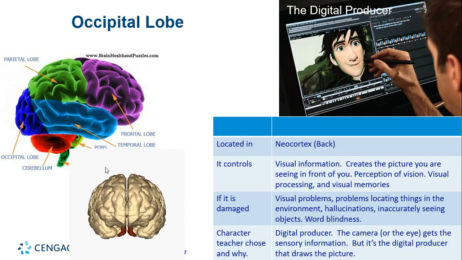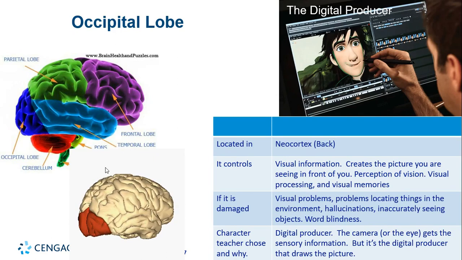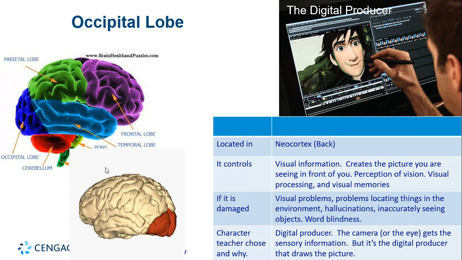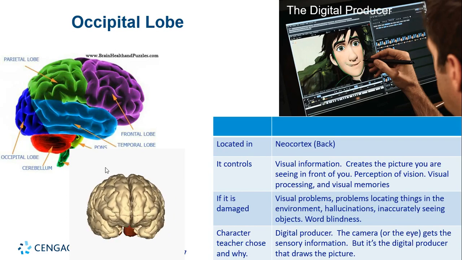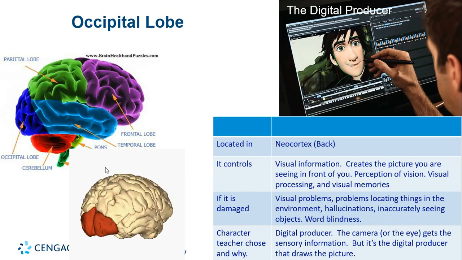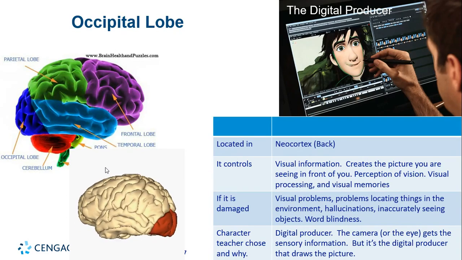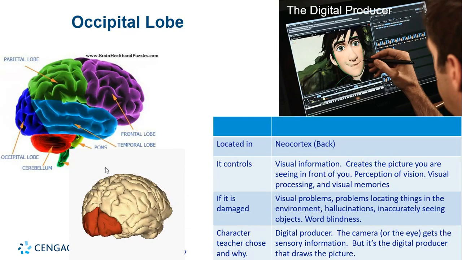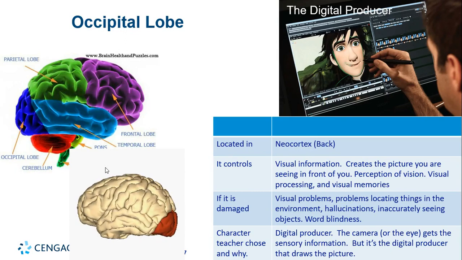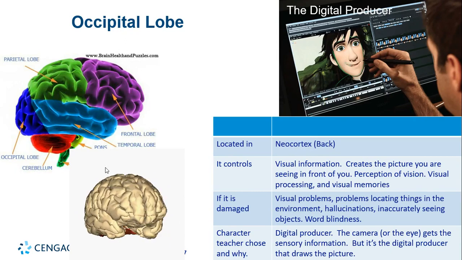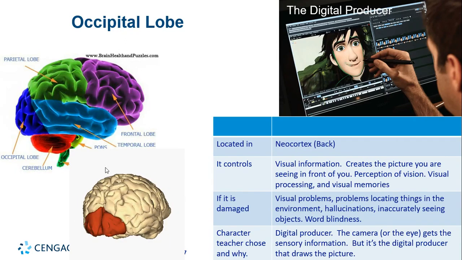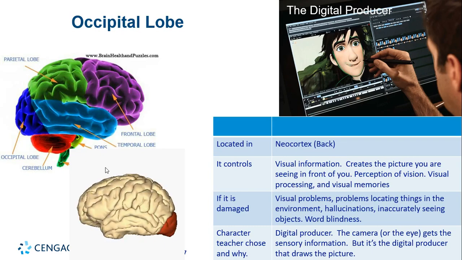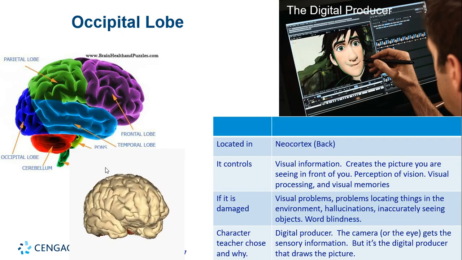Your occipital lobe is on the back of your head. Okay, it's your neocortex in the back of your head. You have two of those, one in your left and one of your right. And your occipital lobe controls visual information. You'll notice here that I chose a digital producer, right? Because it's your occipital lobe that draws the picture that you see in front of you, right?